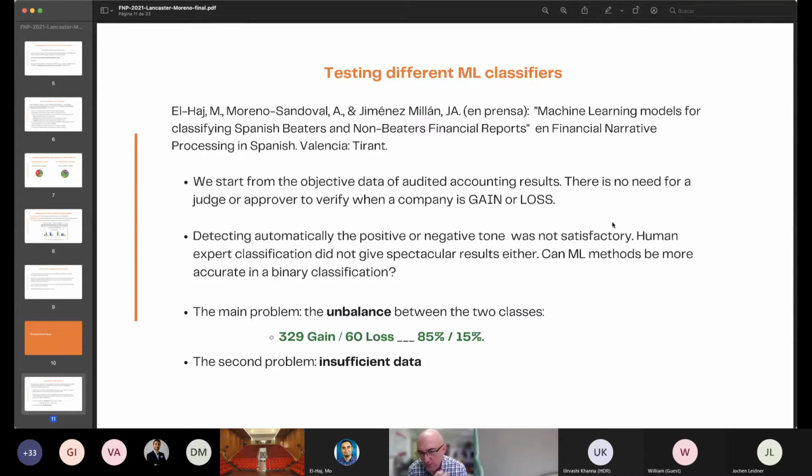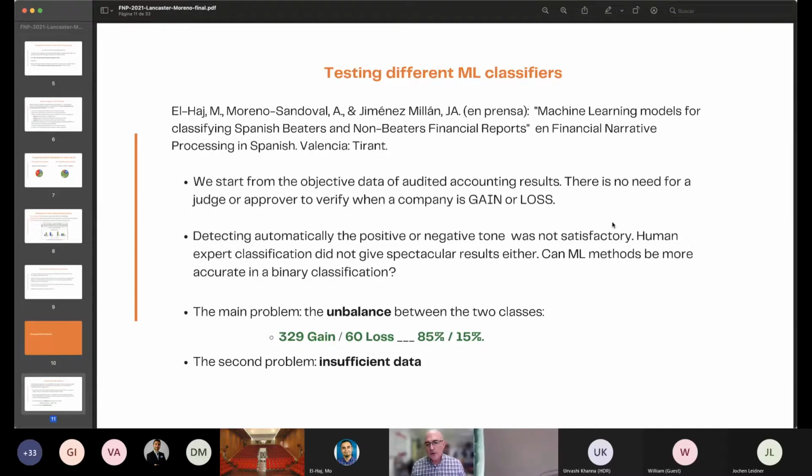We know exactly where are the companies which have benefits and the loss-making companies. We don't need a judge or a prover. You already know from the accounting results. Detecting automatically the positive or negative tone was not satisfactory with these machine learning classifiers.